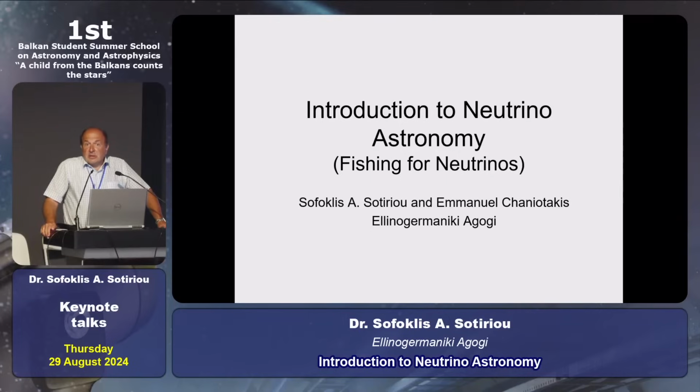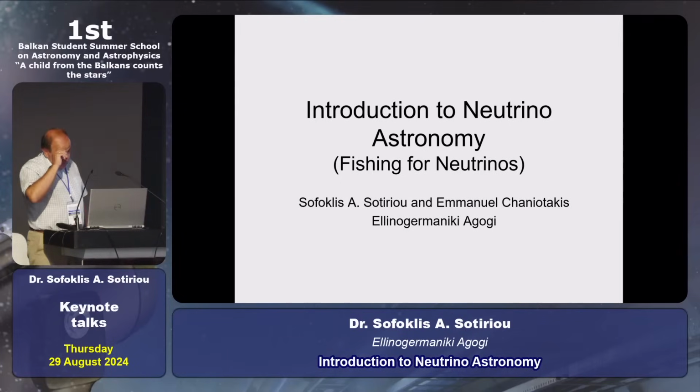So these particles have specific characteristics. Really, they have amazing characteristics. And maybe they are very useful to act as carriers for the information we are looking for. So these are the neutrinos.